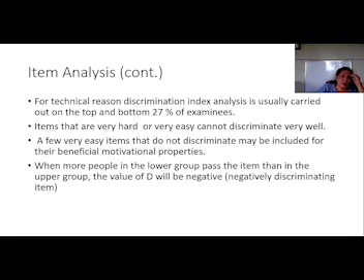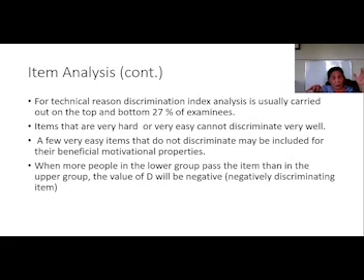Now, what's going to happen if the members of the lower group get correct answers rather than the members of the upper group? Let's say in the lower group, the correct answers gotten is 8.